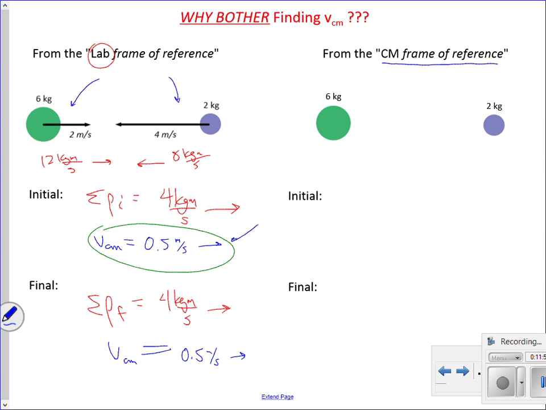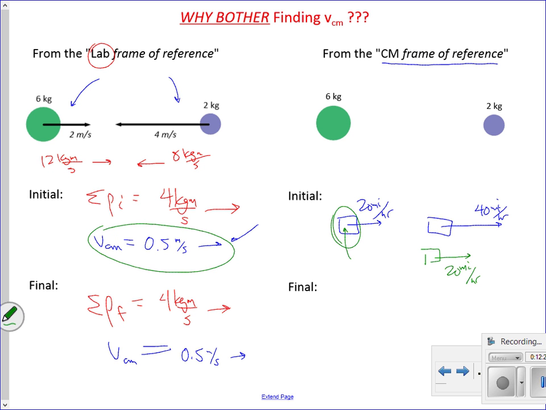If we did that, it's kind of like saying, here's a car, and that car is going 40 miles an hour that way. And we're in a different car, going 20 miles an hour this way. Relative to you in here, it looks like this car is going that way at 20 miles per hour. It really is going 20 miles an hour that way relative to you in that car.